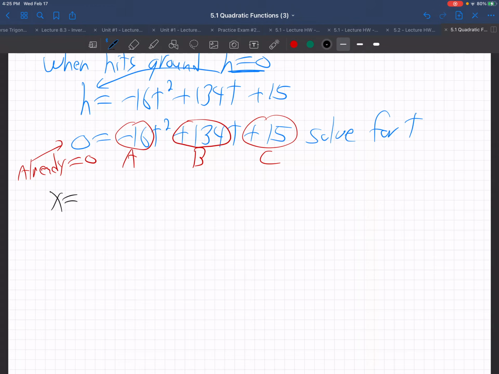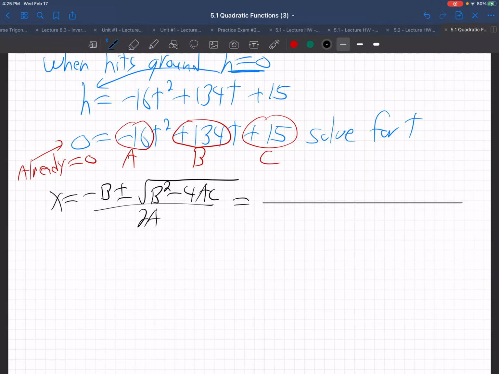So here we go again: negative b plus or minus the square root of b squared minus 4ac, all over 2a. We've used this quite a few times.